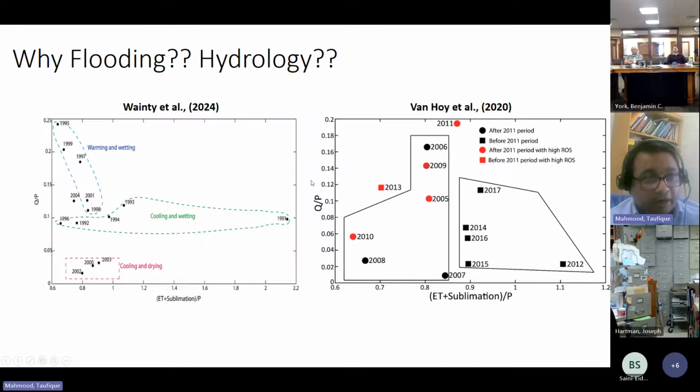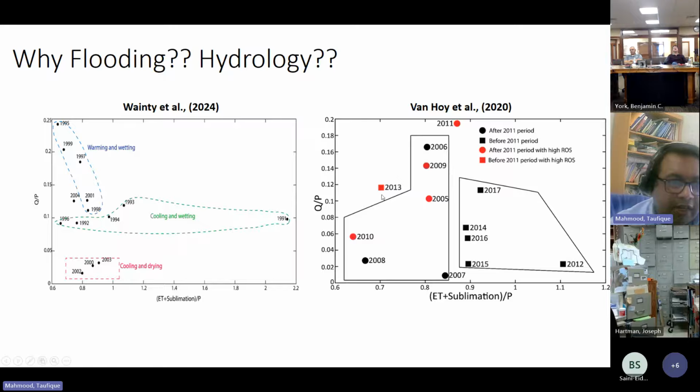On the other hand, when we fast forward to this century, it has two pronounced phases. One is a vertical flux dominated system after 2011, in all these years 17, 14, 16. This is basically a vertical flux dominated system, with slightly less precipitation but more evaporation in this period.